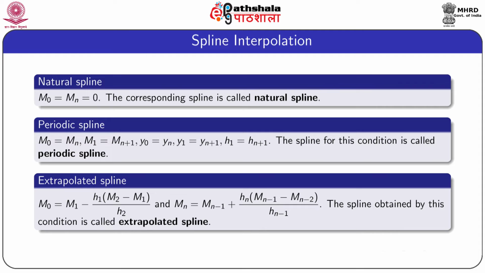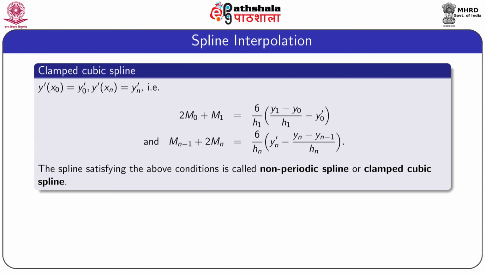And if we assume the following conditions, that means m0 = m1 - h1(m2 - m1)/h2 and mn = m_{n-1} + h_n(m_{n-1} - m_{n-2})/h_{n-1}, then the corresponding spline is called the extrapolated spline. Now, we discuss another kind of spline called the clamped cubic spline. In this case, the first order derivatives at the initial point x0 and at the end point xn are given.